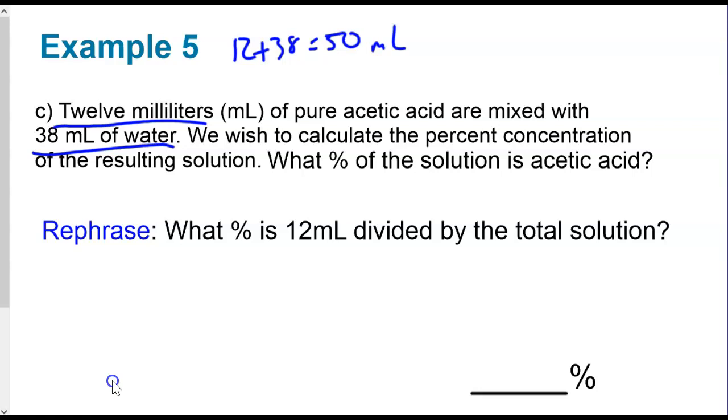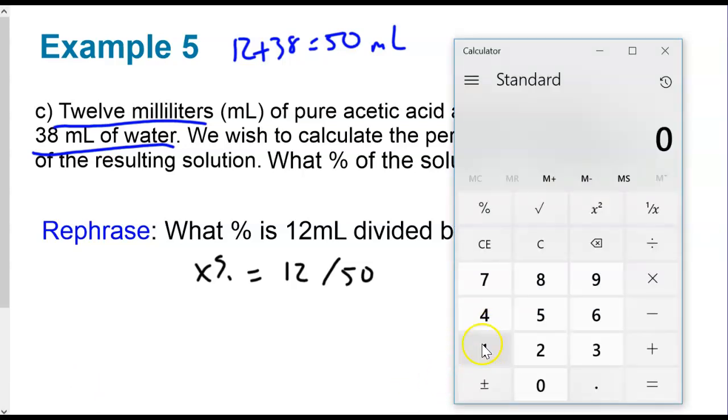So we'll say, what is X percent is 12 milliliters divided by the total solution. In this case, we get our calculator and go 12 divided by 50 is 0.24.